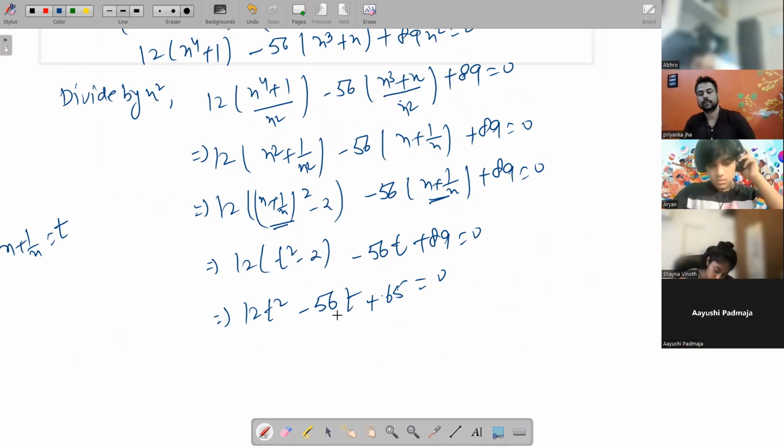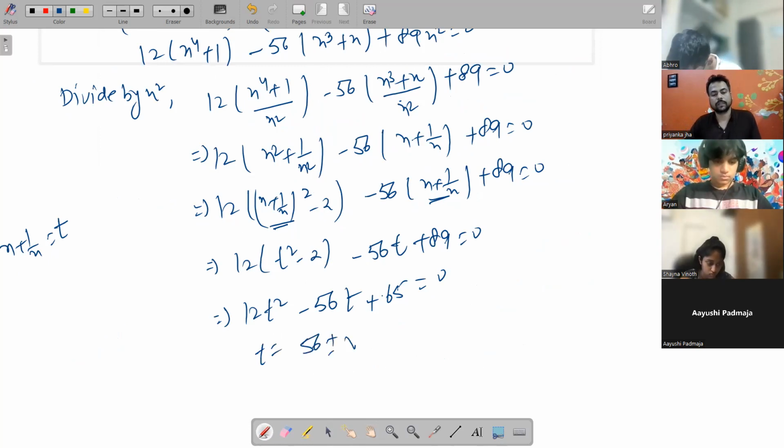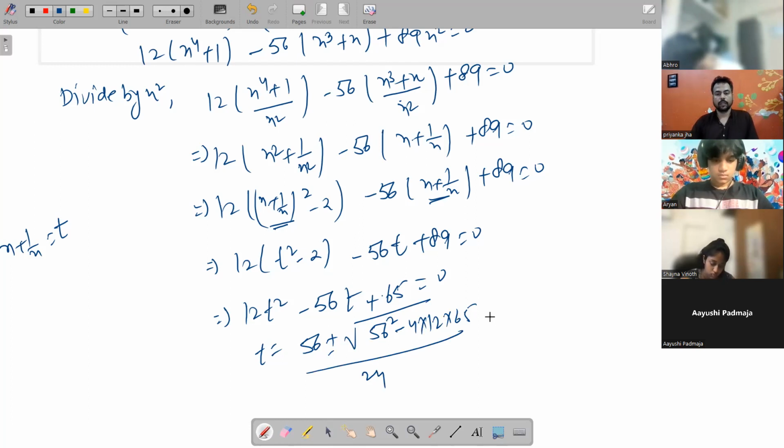Big number. Find the value of t, that is minus b plus minus under root b squared minus 4ac by 2a. You can factorize this. I am using calculator.